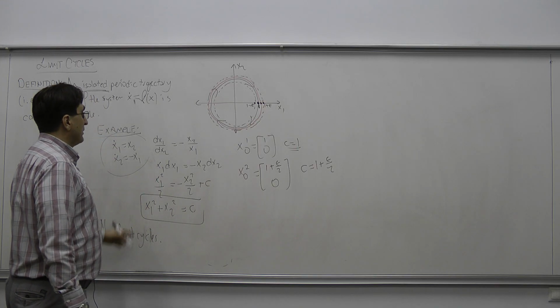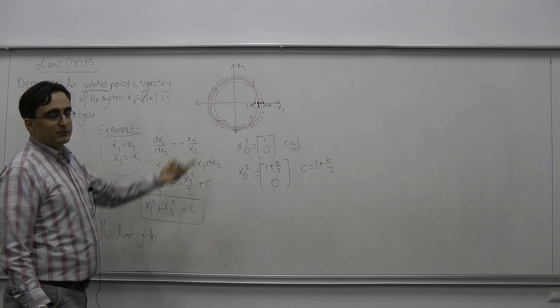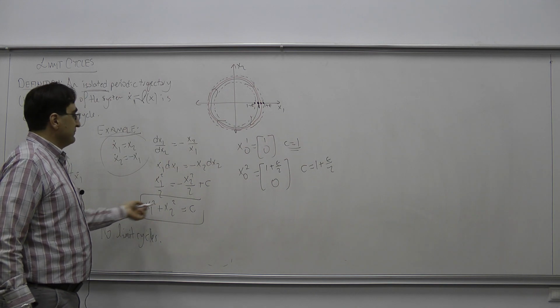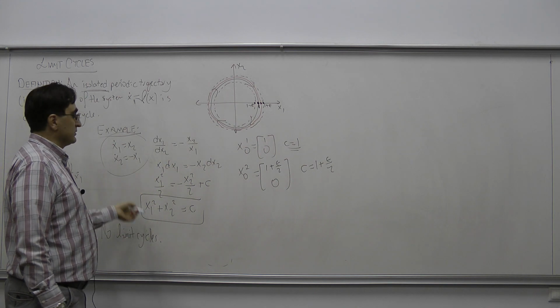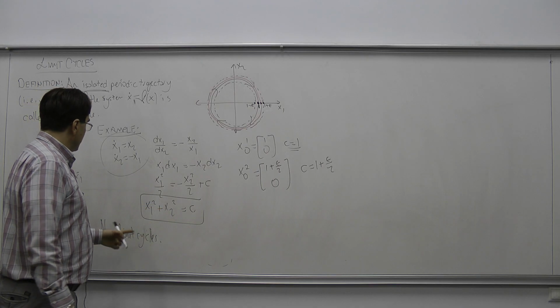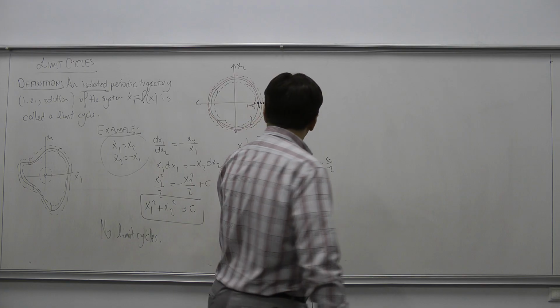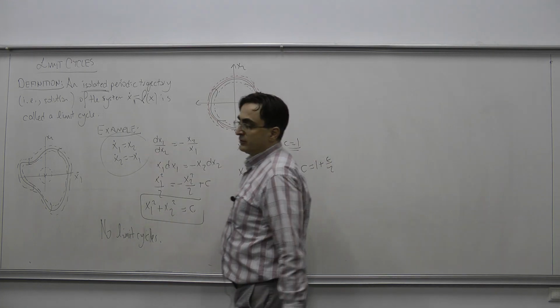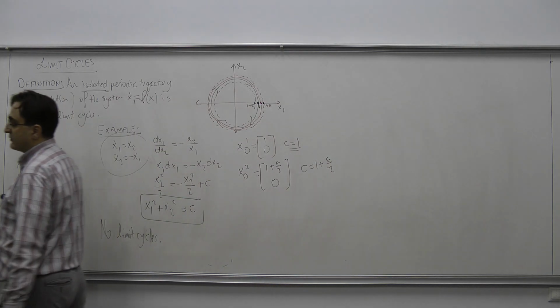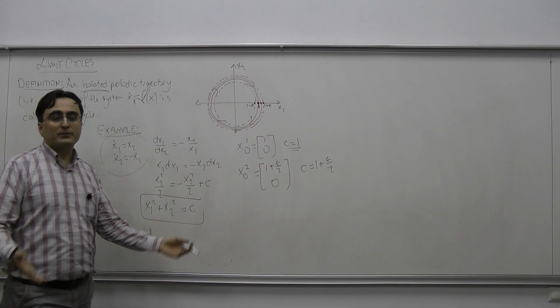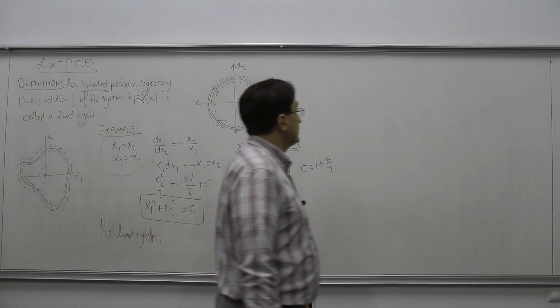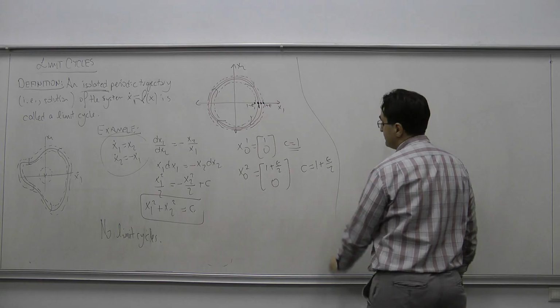But you see that all of the trajectories of this system are periodic. There are an infinite number of periodic trajectories of the system, but none of them are actually limit cycles. So this linear system really does not have any limit cycles, although all of its trajectories are actually periodic trajectories. Okay?